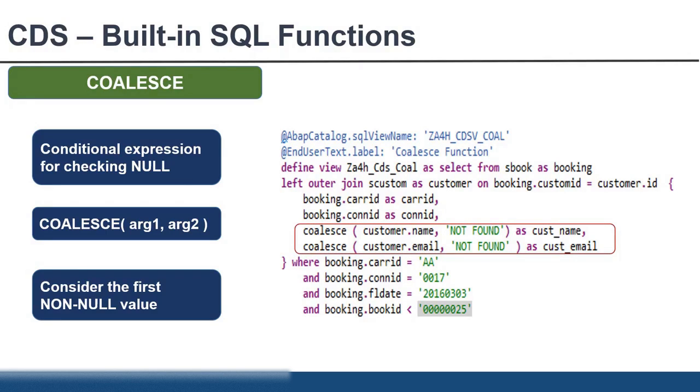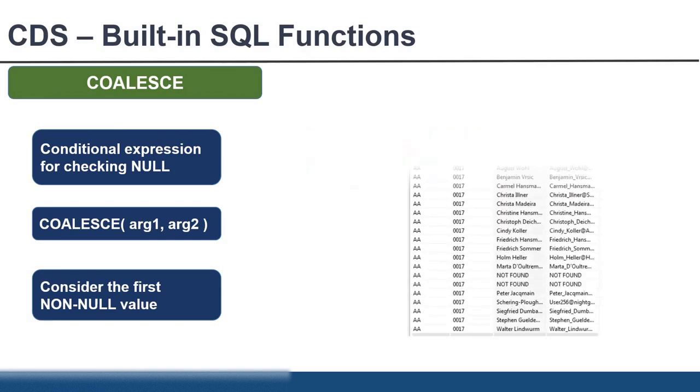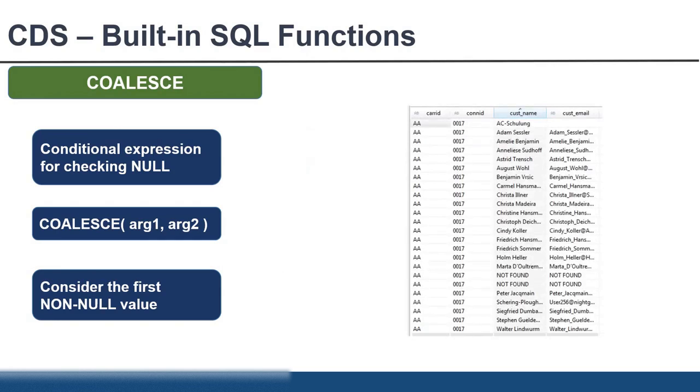In this example, we're using customer name and a literal not found. So if the customer name is available, the customer name would be assigned to the field cust_name, else the literal not found will be assigned to the field cust_name. Likewise, customer.email and not found. The output.